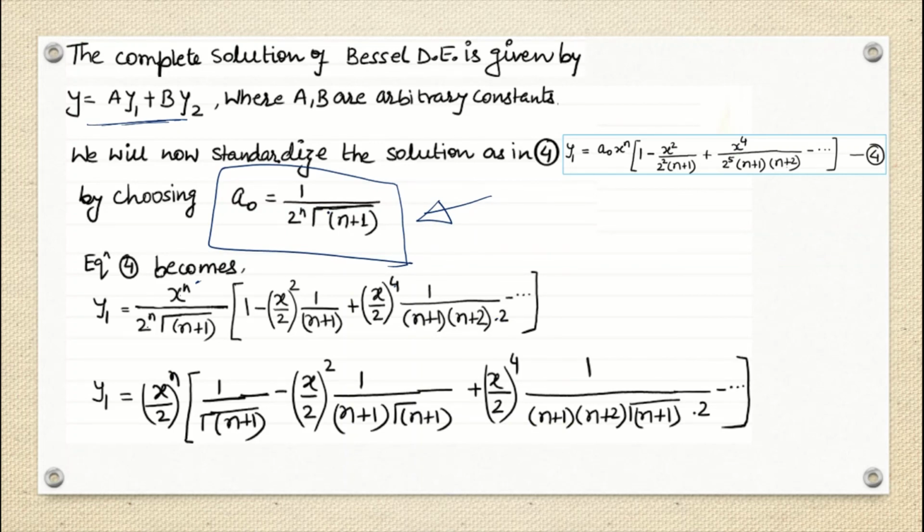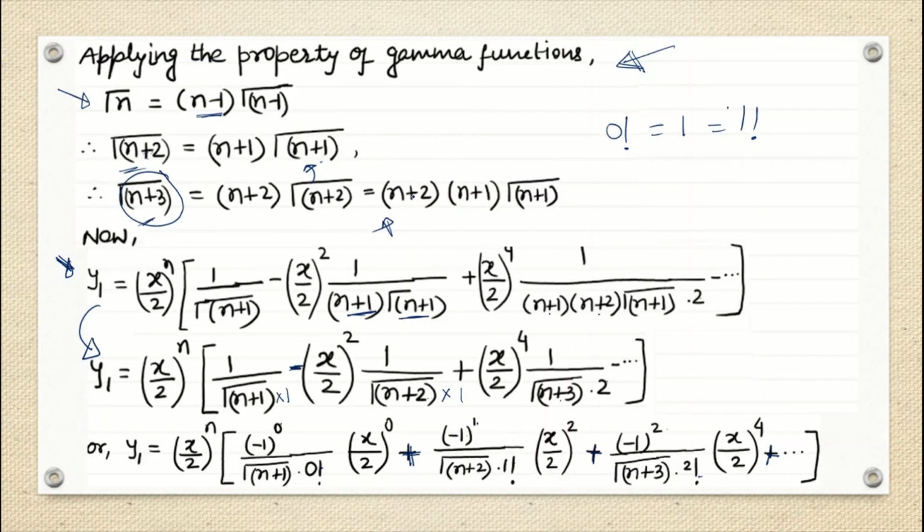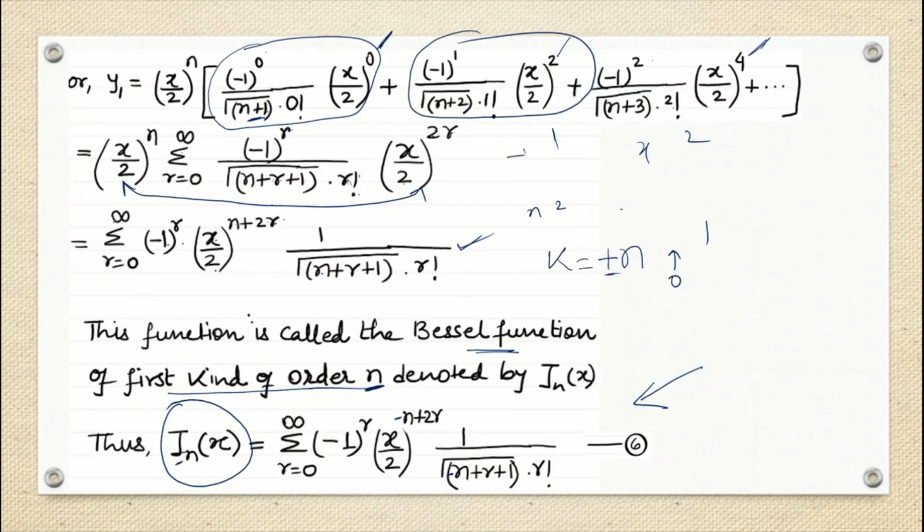Because this is the value which is giving me the standardized solution of my Bessel differential equation. So this value, if I have written down, is with respect to my gamma function. So we will use the property of gamma function, and then just copying those things, for the gamma function we have this property, arranging the function with respect to this property, and then finally we have got that this is nothing but my general solution.